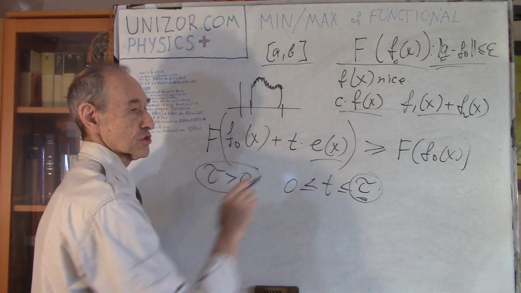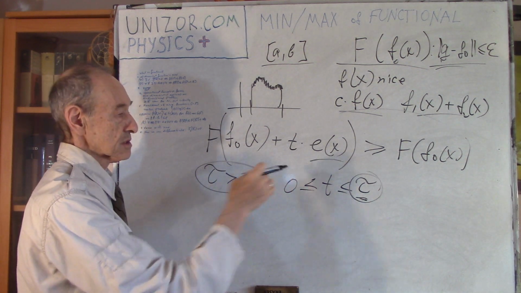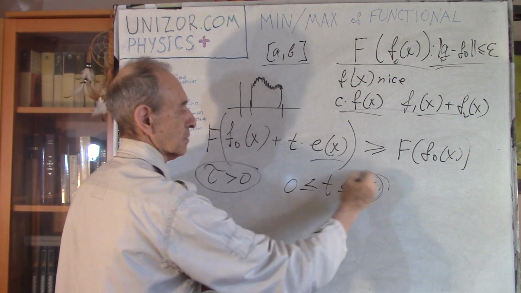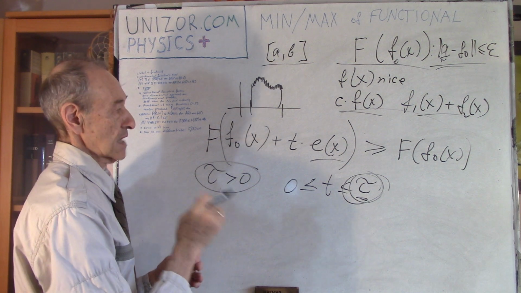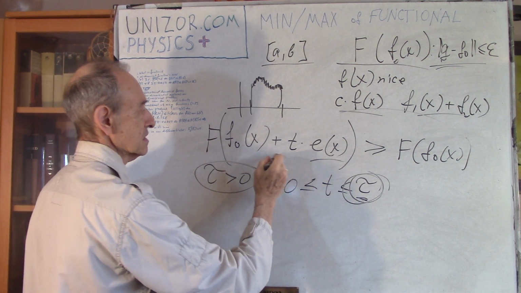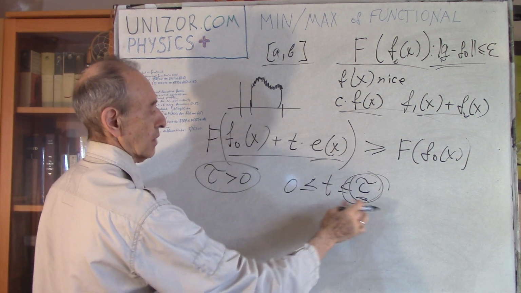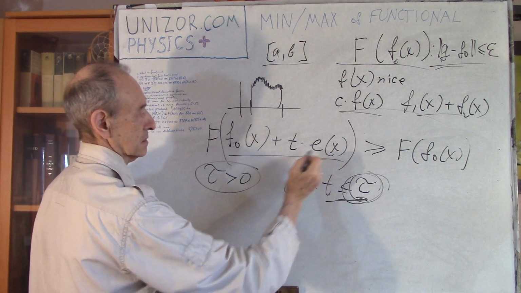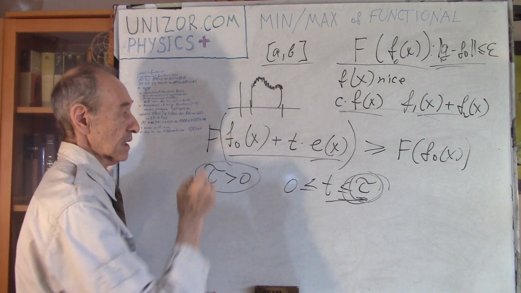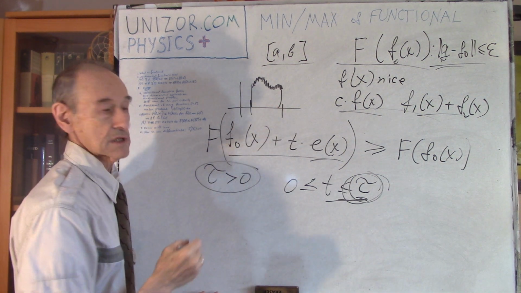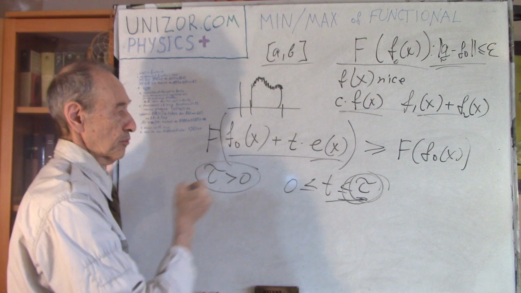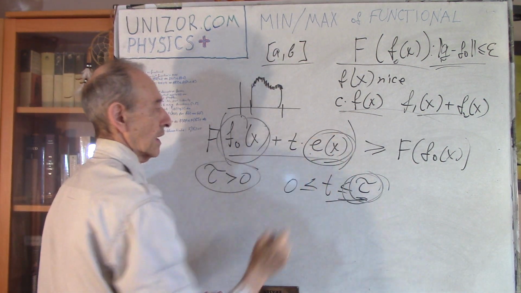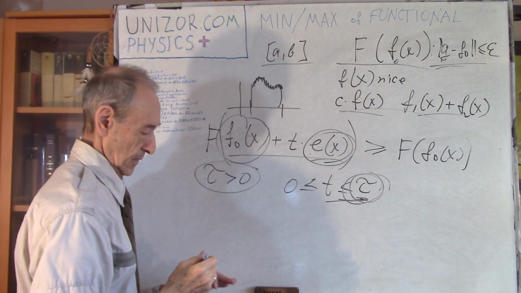So in any direction, wherever I move, there is always some kind of nearness defined by some real number, such that if I do not exceed this boundary, if t is still less than this tau, then my values would increase in any direction from function f0 to any defined e of x.